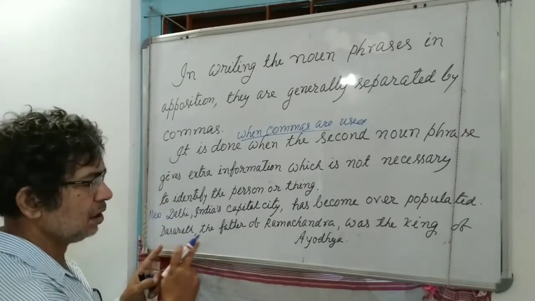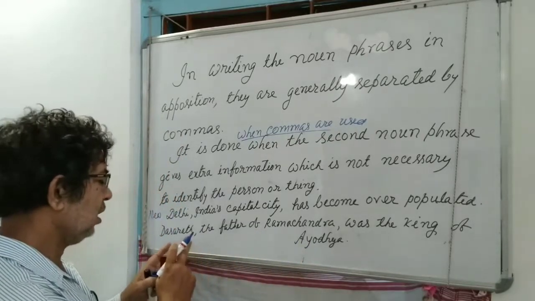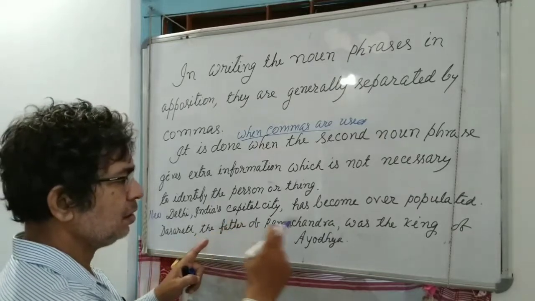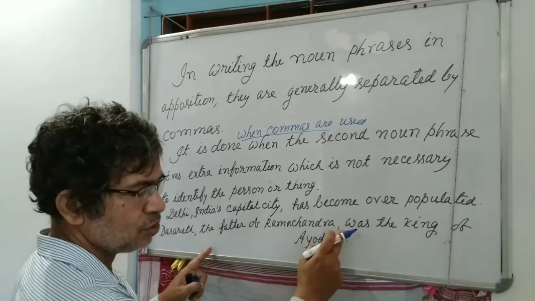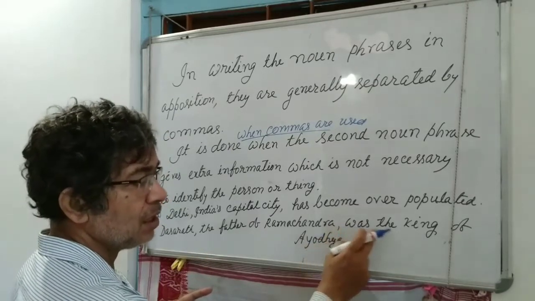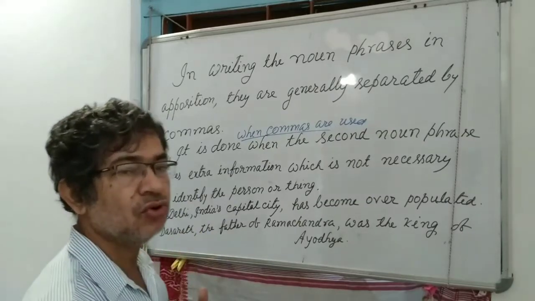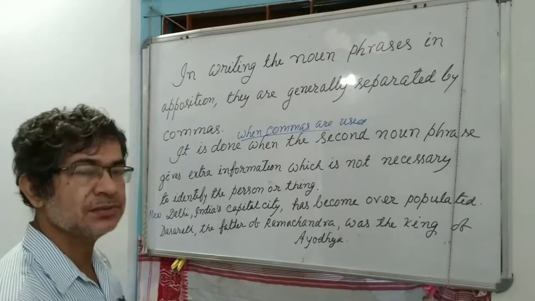Similarly, Dasarath, the father of Ramachandra. Again we use a comma here after Dasarath and also after the noun phrase, which is used as a noun in apposition. We use a comma here. Was the king of Ajodhya. We all know who Dasarath is.